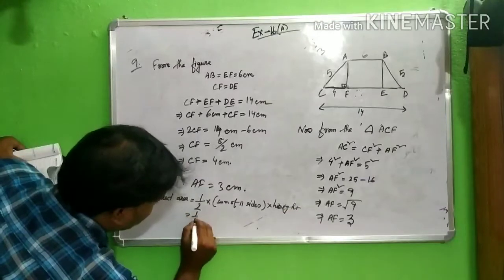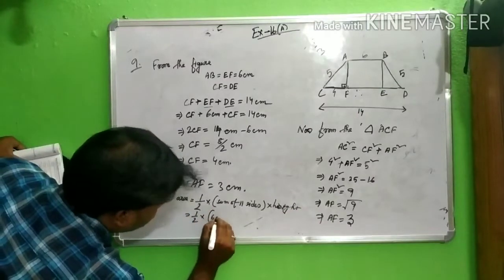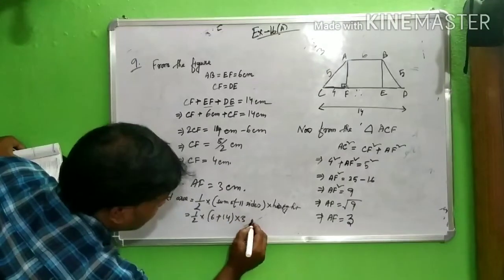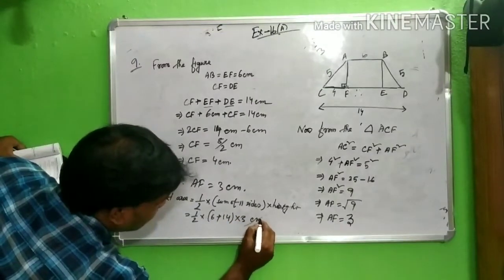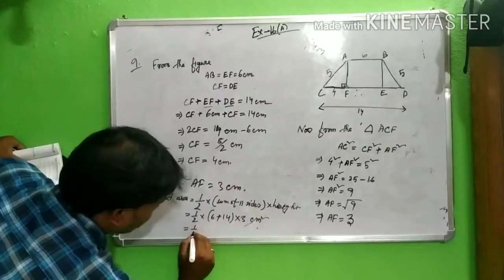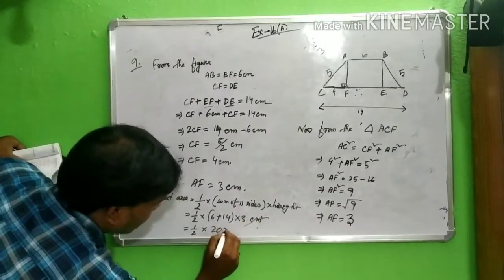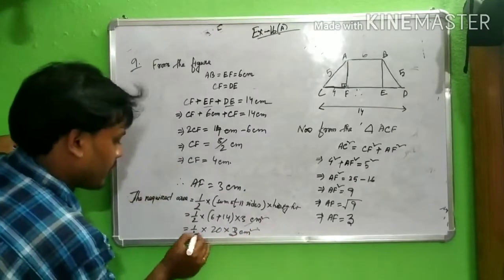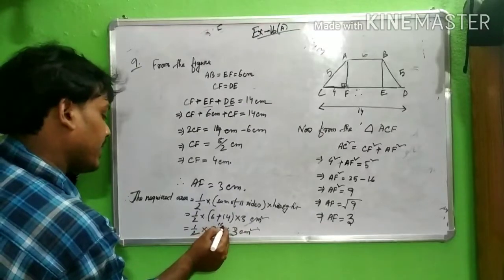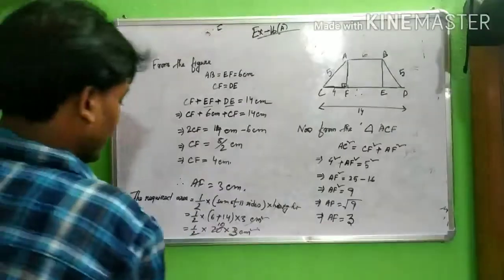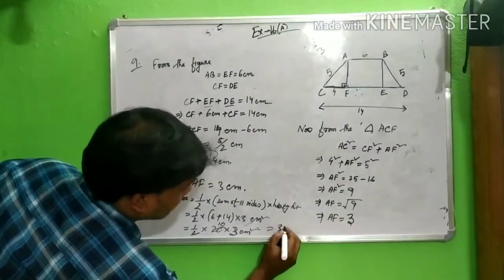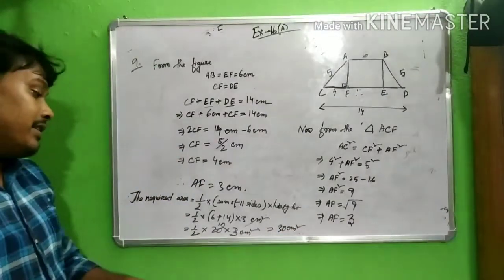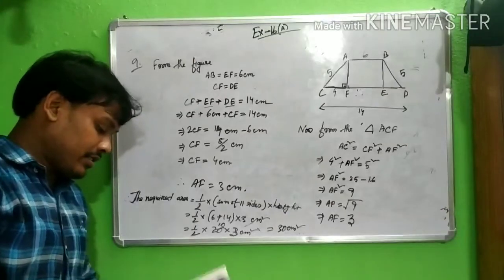So half into 6 plus 14 into height, that means AF, 3, and the unit is centimeter square. So half into 20 into 3 centimeter square, 10 into 3, 30 centimeter square. So what is the result? 30 centimeter square. The result is 30 centimeter square.